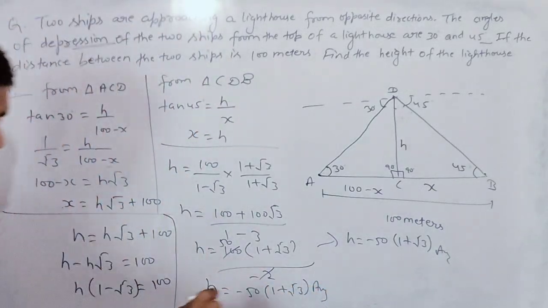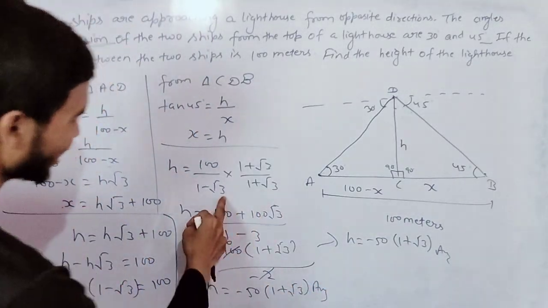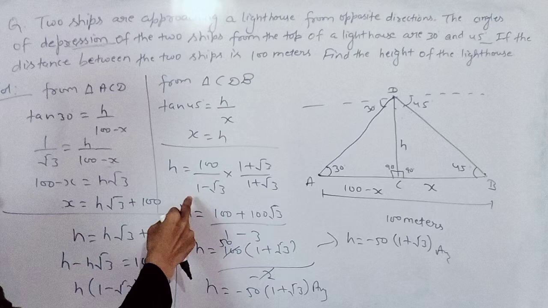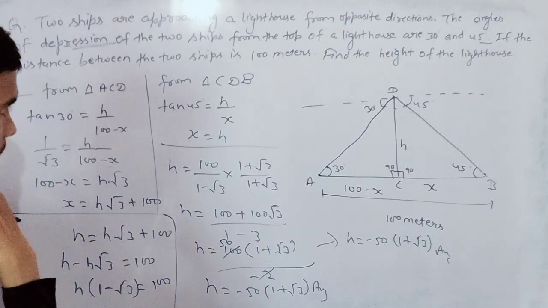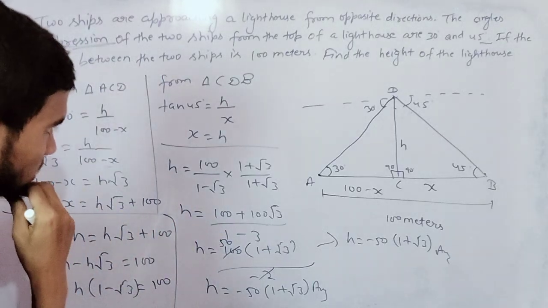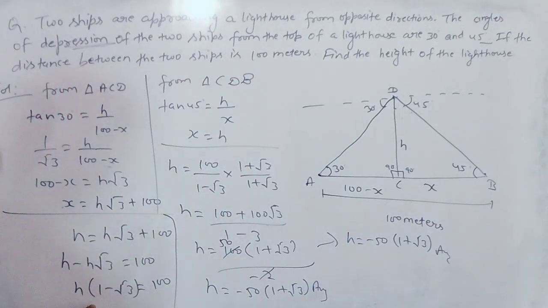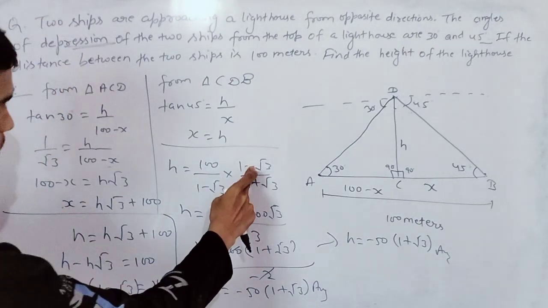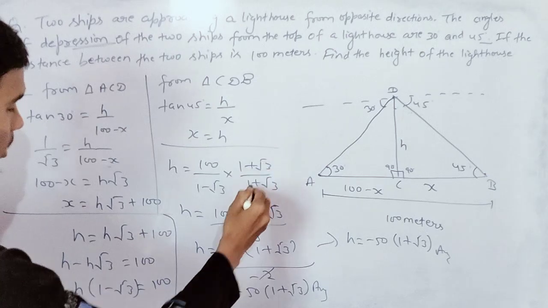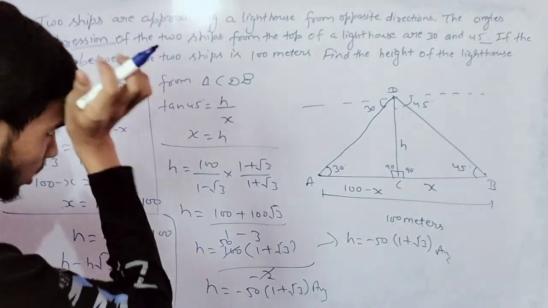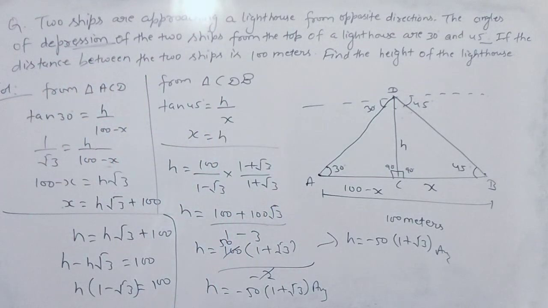This should not be there. Then 3, 1 minus 3. What is happening? Then it should be, no, it is correct.